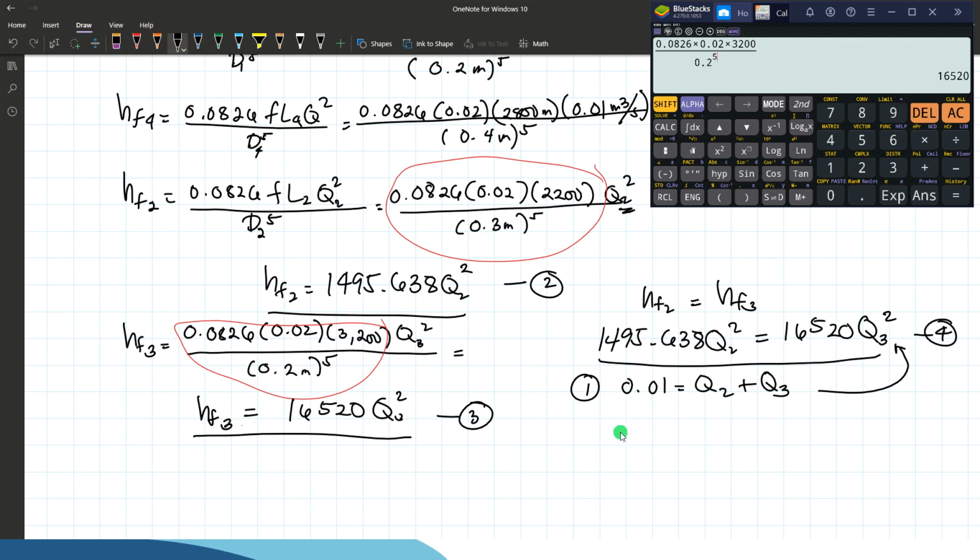Let's say we find Q2 first, so we express Q3 in terms of Q2, that's 0.01 minus Q2. Then we substitute equation 5 in equation 4.